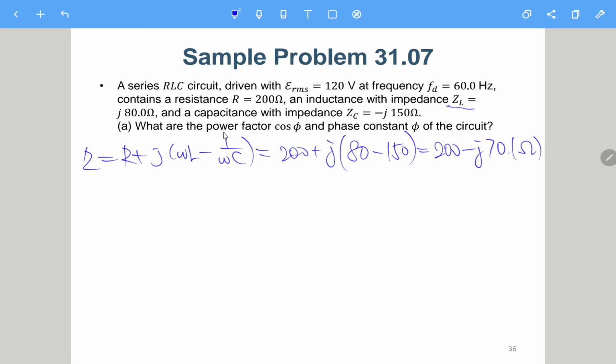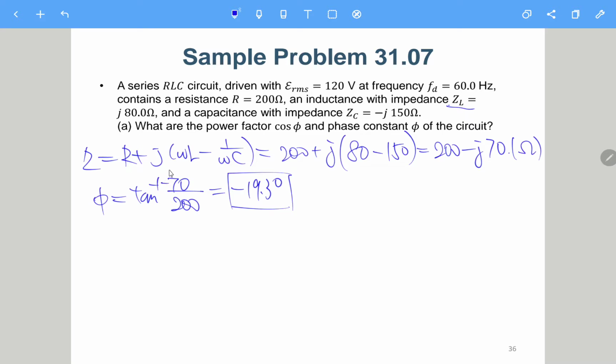And then it asks what the power factor is. For the phase, phi equals arctangent of negative 70 over 200, which is negative 19.3 degrees.